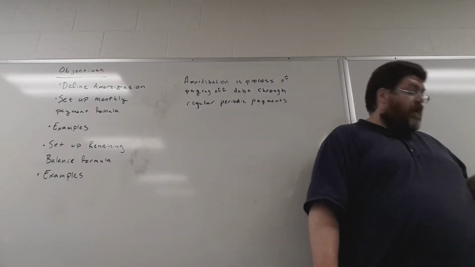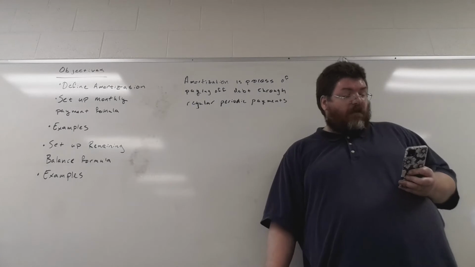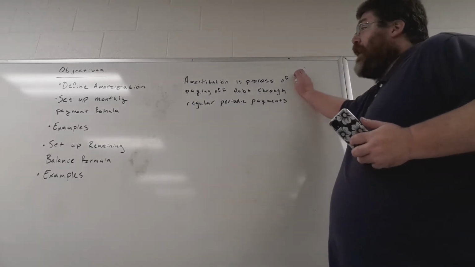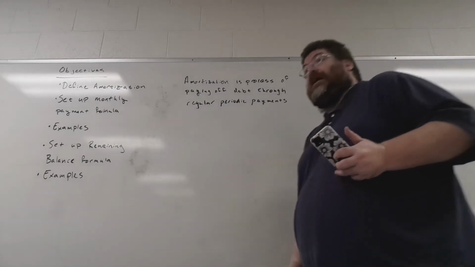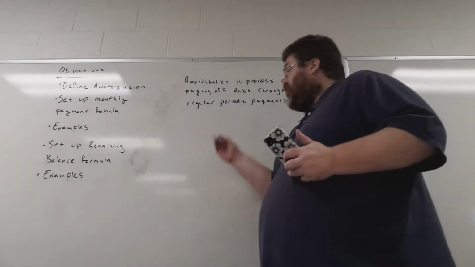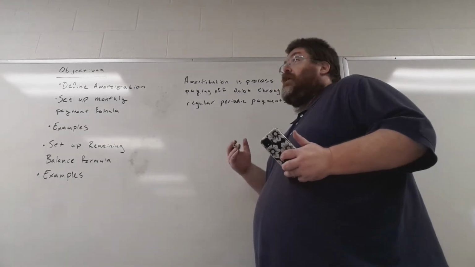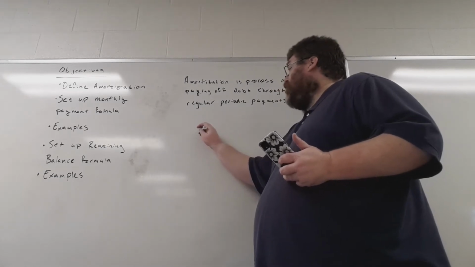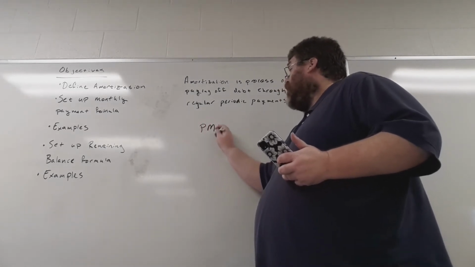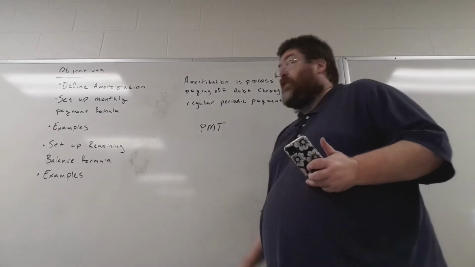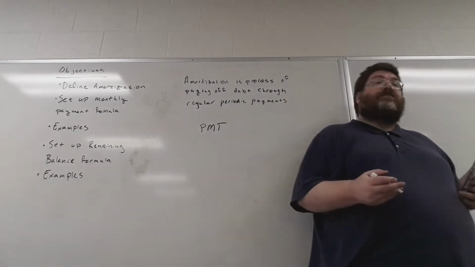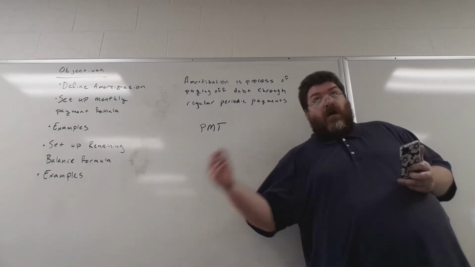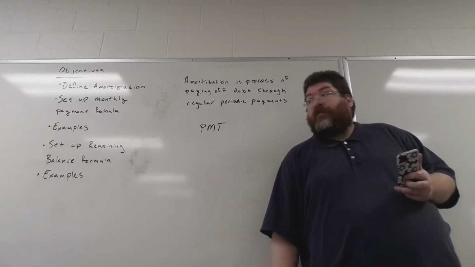Okay, the formula to work out our monthly payment is kind of gross looking, and it breaks a couple of the rules that we talked about in our mathematical modeling unit. For one thing, our variables are not always single letters. For our monthly payment formula, we have PMT, and they use PMT instead of P because we've used P for the principal investment or the principal loan for our simple and compound interest formulas.